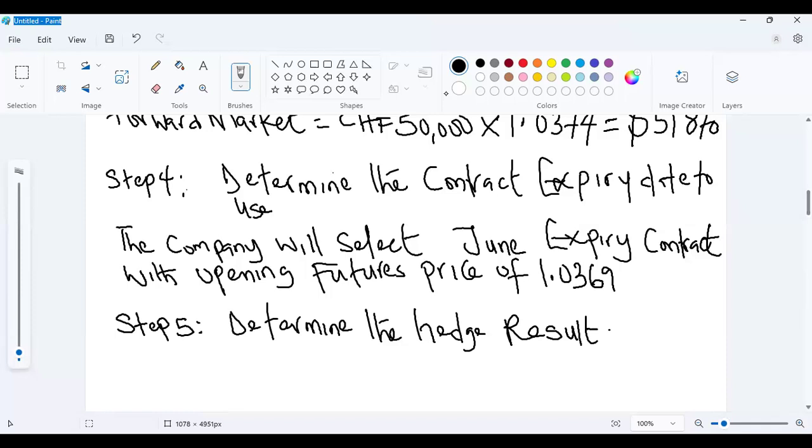I will say that again. For you to be able to determine your hedge results, you require the opening futures price and the closing futures price.